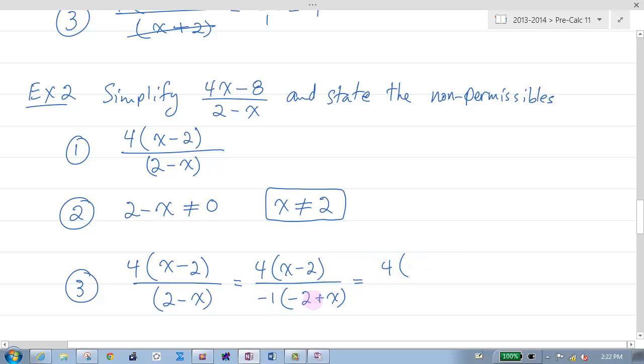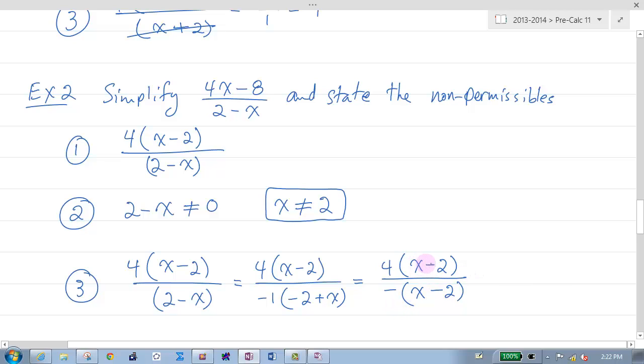So I haven't really changed anything here, right? Because if I multiply that negative through, it'll be the same thing as it was before. I haven't changed it. I just changed the form of it, right? So you go, okay, 4 times x minus 2 is left on top. The bottom is changed to the form minus brackets x minus 2, right?